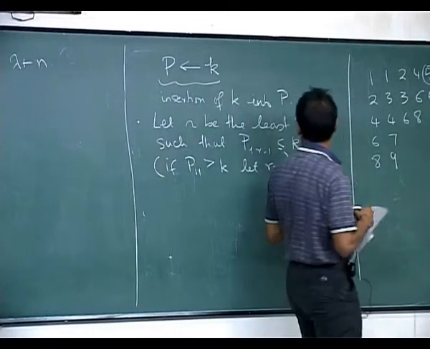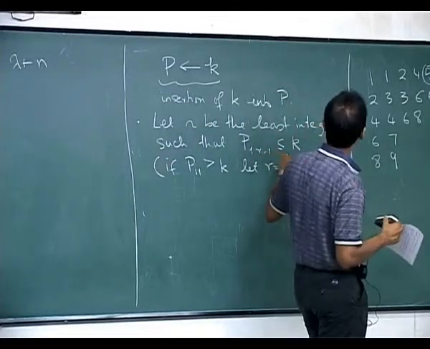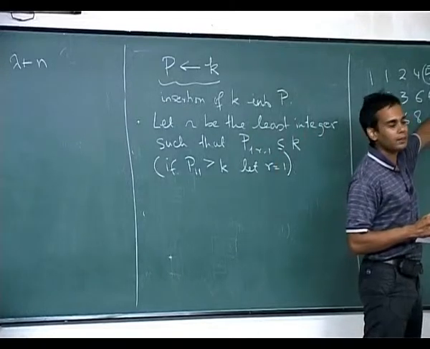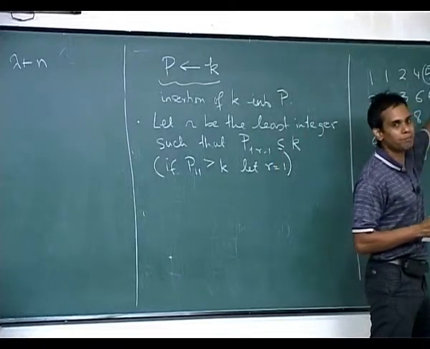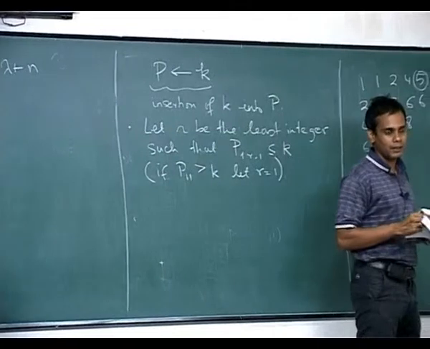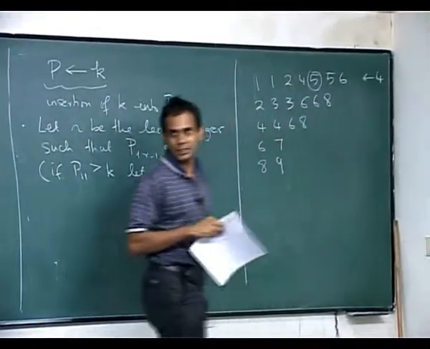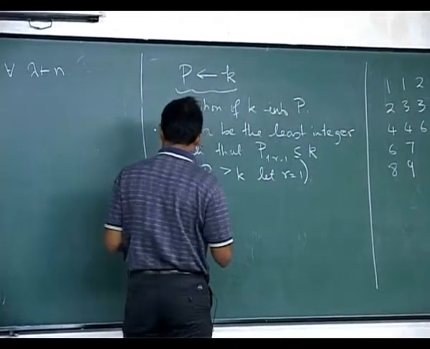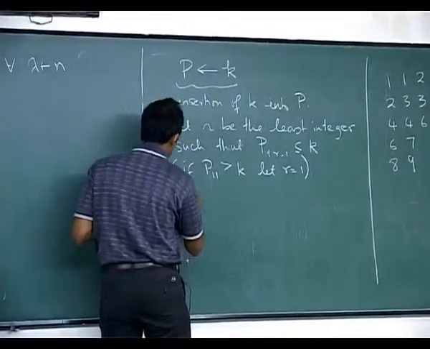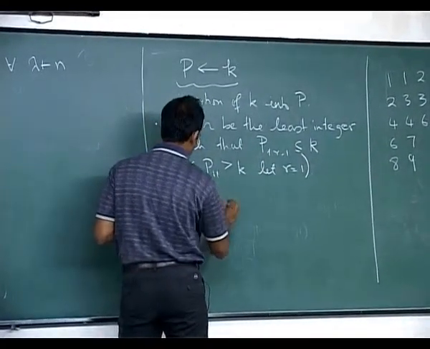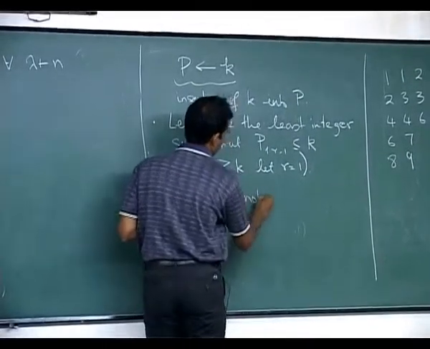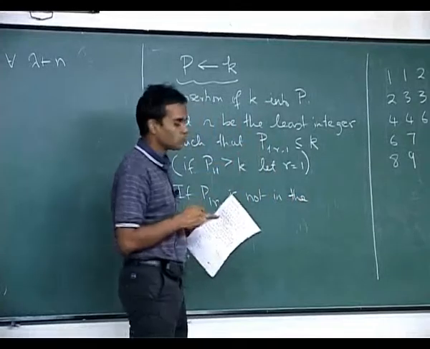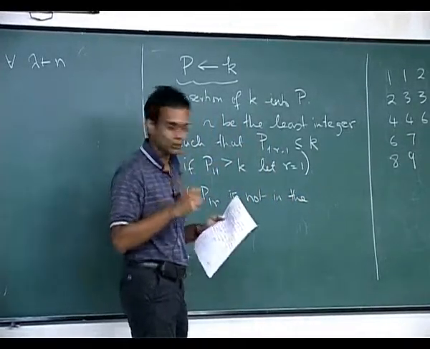This r minus 1 could have been the last entry in the row, in which case there would be no P_{1r} entry in the semi-standard Young tableau that I started off with. If P_{1r} is not in the tableau, that means the (1, r-1)th entry is the last one in the first row.